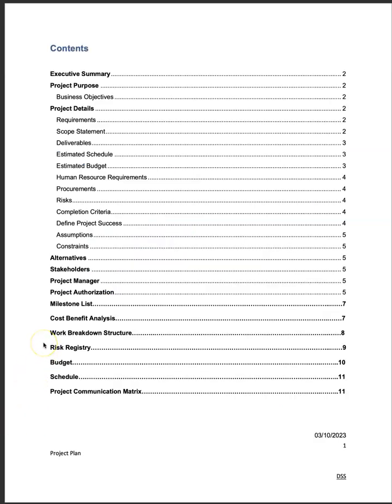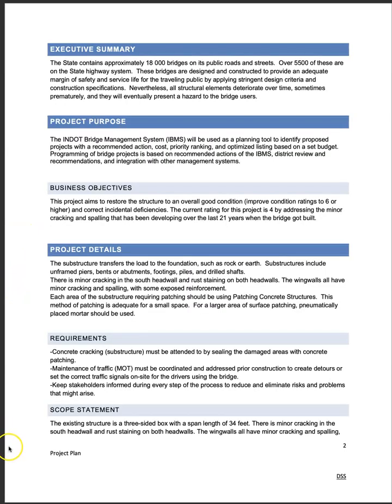As you can see, this project plan will contain a full explanation of the many things that we're going to be talking about. I have also included executive summary, the project purpose, business objectives, project details, requirements, and also the scope statement.